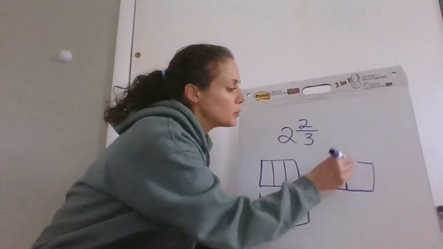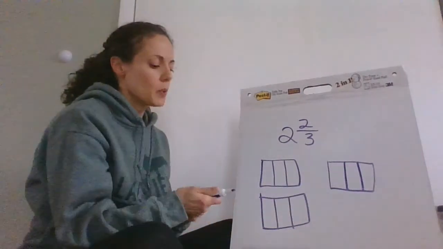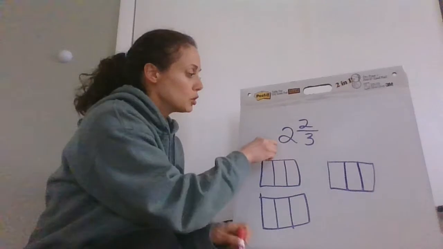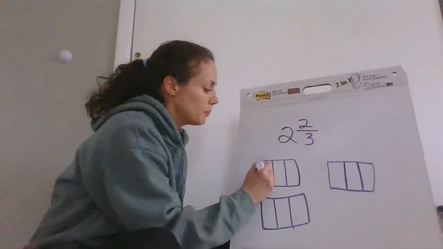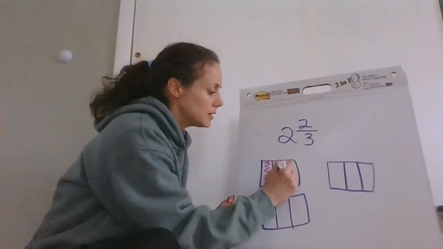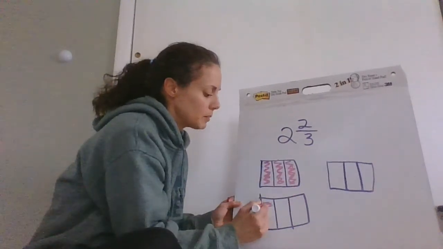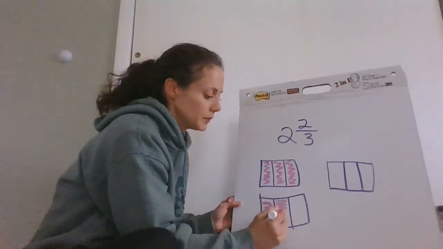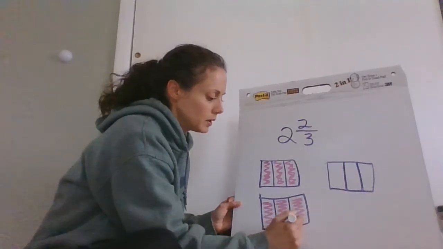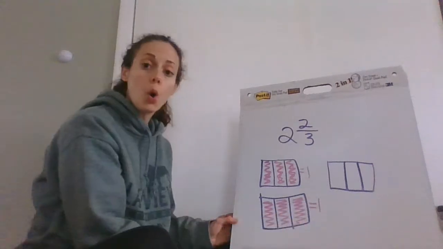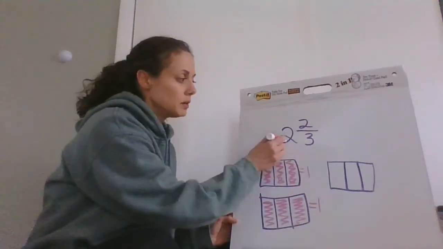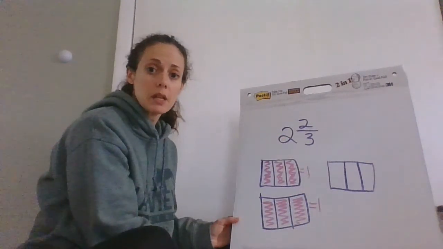And I'm going to cut this one into 3 equal parts as well. So this whole number 2 is represented by both of these being completely colored in, right? Each one of these equals 1 whole. 1 plus 1 equals the 2 here in this mixed number.